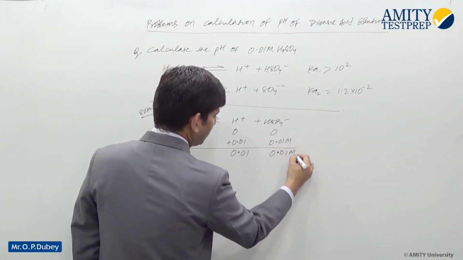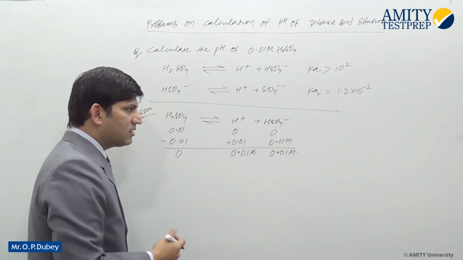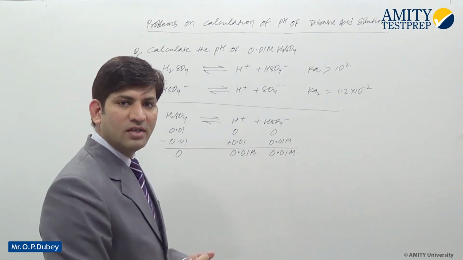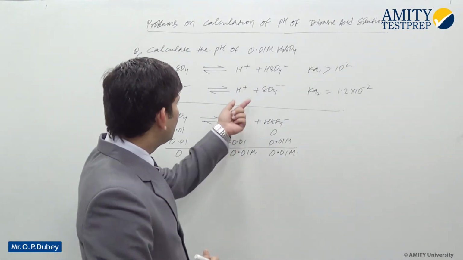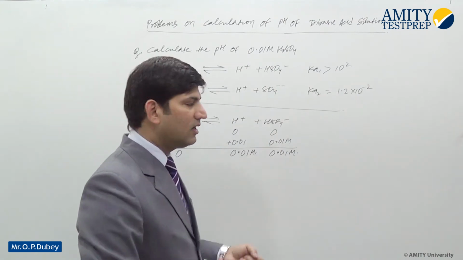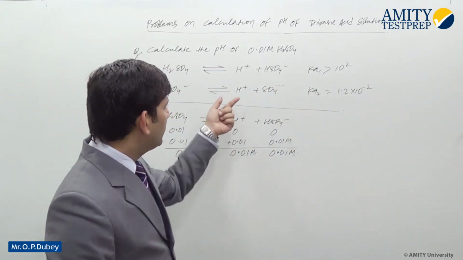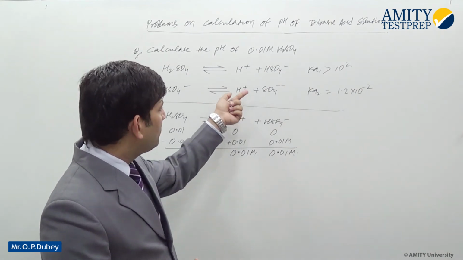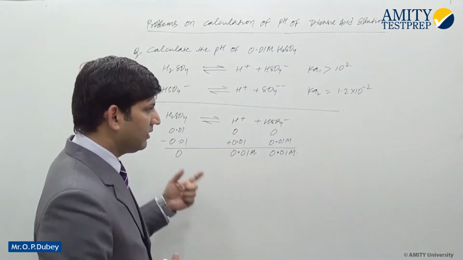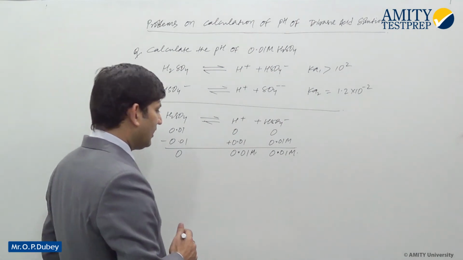is 0.01 M. Now the HSO4 minus also dissociates in aqueous solution, and it gives H plus and SO4 2 minus. The K value is not much smaller. That's why the H plus ion obtained in the second step cannot be neglected.